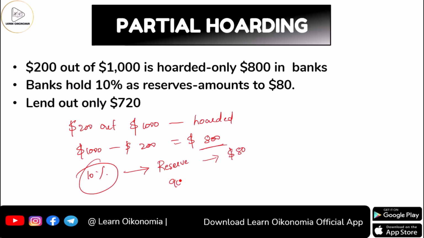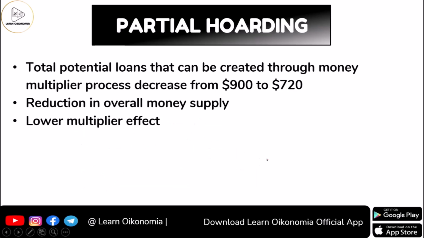So the 90% here would be available for lending. 90% of 800 is $720. This is the amount available for lending.